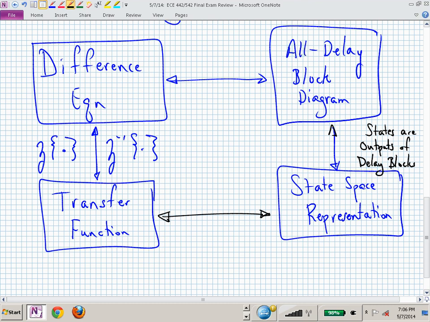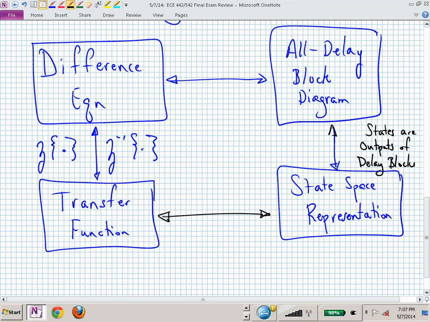If you didn't know that, you could go the other way around in your block diagram: get a difference equation, put that into an all delay block diagram, and then label the outputs of your delay blocks and get a state space representation. So you can chase your tail around, or you better be able to, in this collection of models.